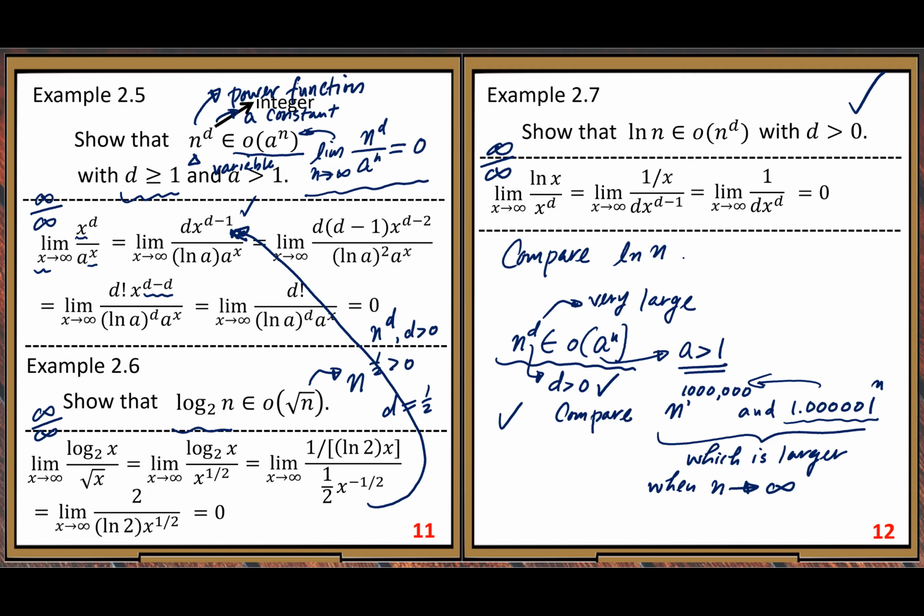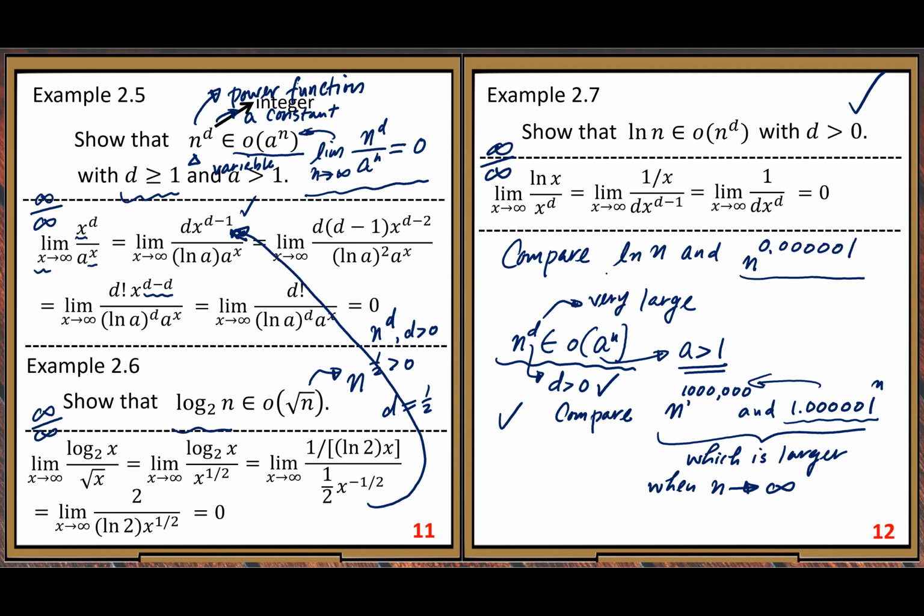Okay, natural log of n, and then power function n to the d. Can I choose a very small d? But it's positive. Okay, so here I choose 0.000... I put many zeros... 1. Okay, this power function expression.